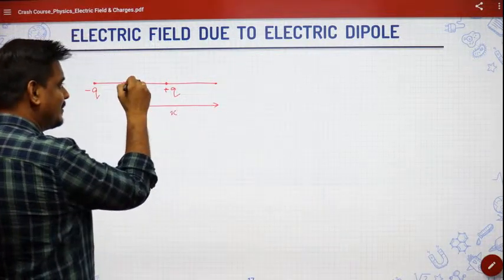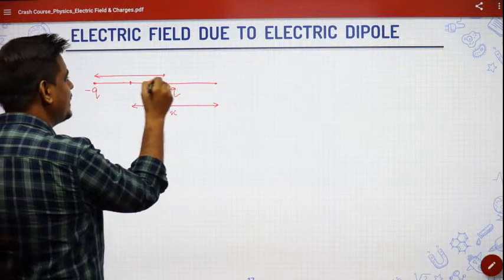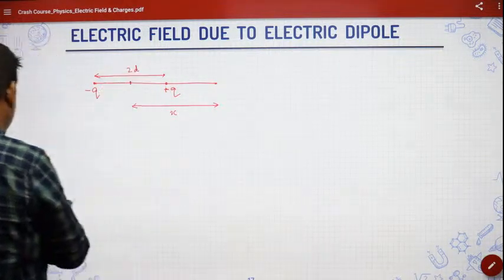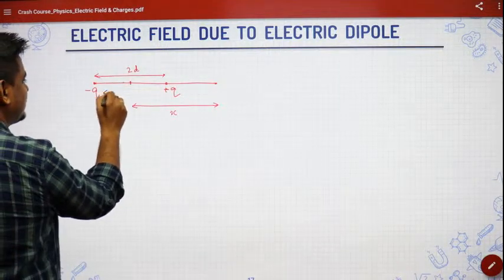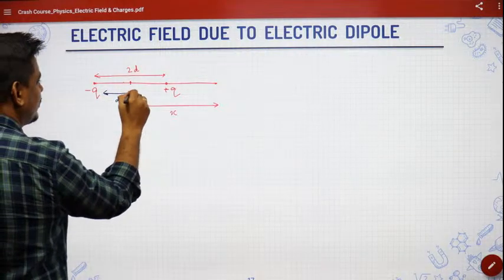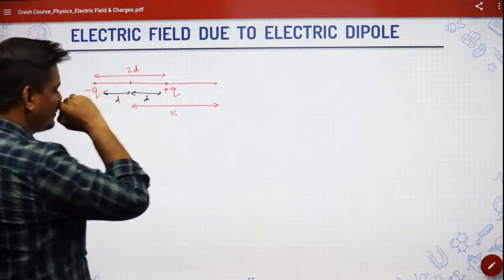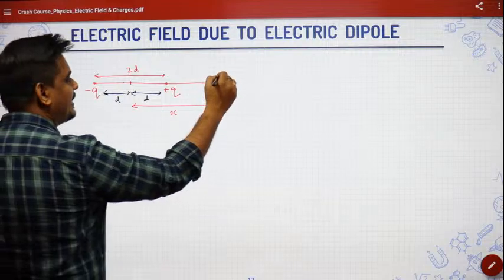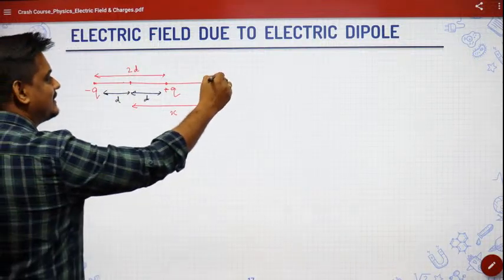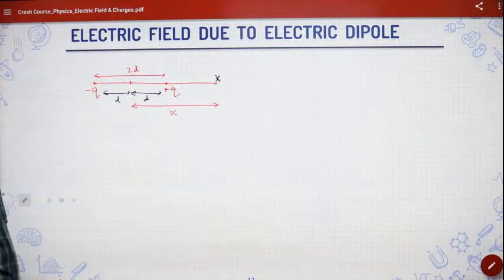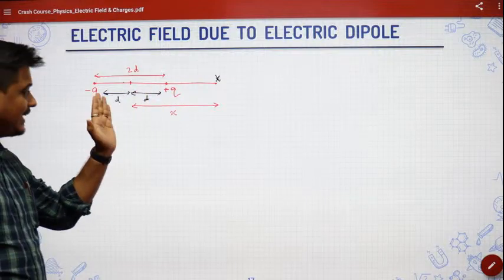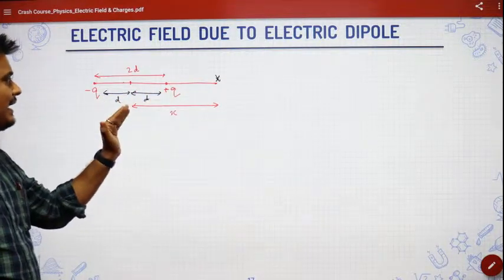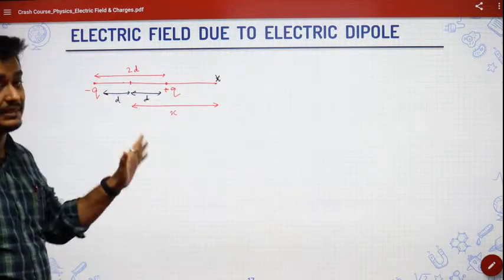Center means if this completely is 2d, obviously this distance is d and this distance is also d. So I am taking the point x in such a way that it is x distance away from the center. Don't forget that.